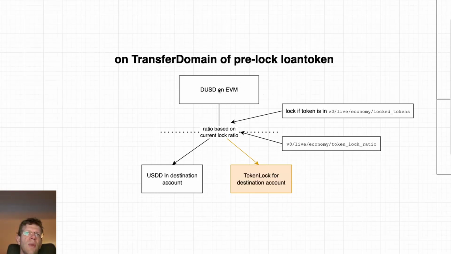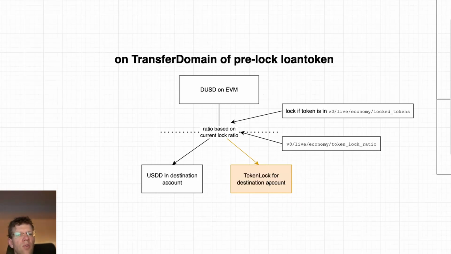If you have that on EVM and you move it down based on these locked tokens, so if it's a locked token in the move down, and the lock ratio, part of it gets into your destination account, and part of it, the lock ratio, gets locked for the destination account. Again, as I said, I don't want to mess with EVM, DVM, some locks there, some locks there. Simple, straightforward, all locks on the DVM side.